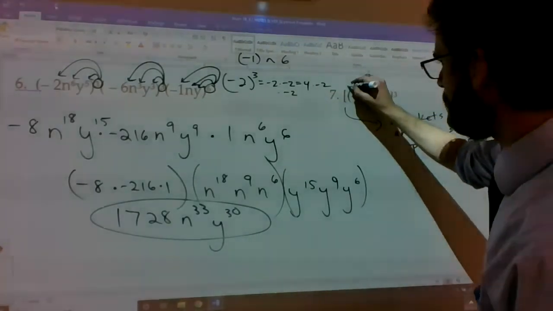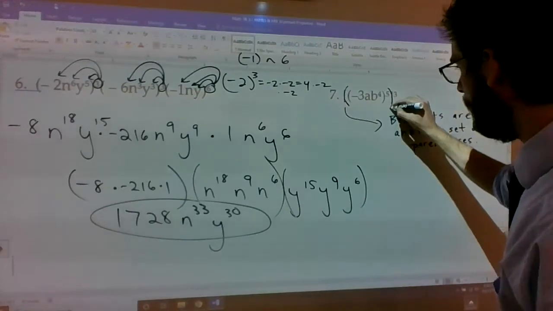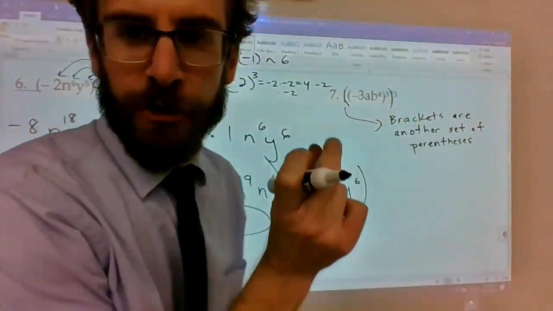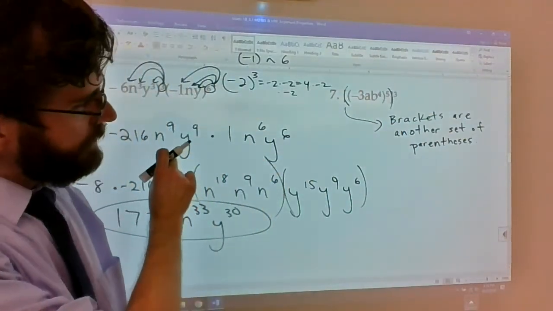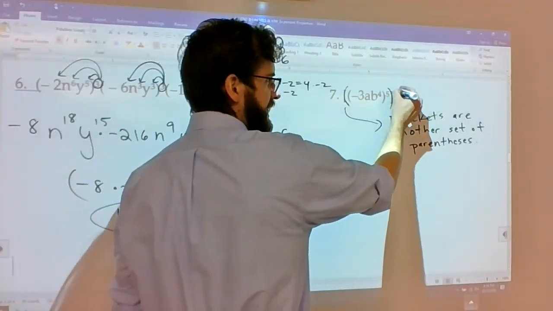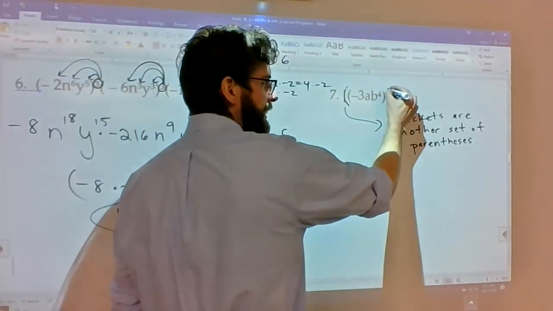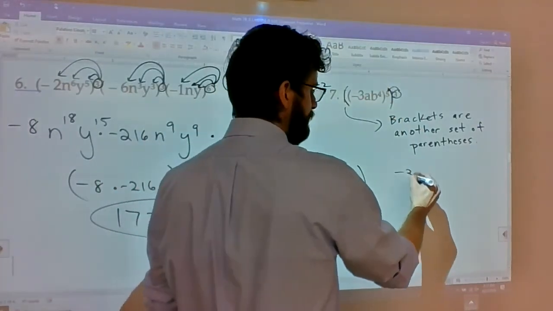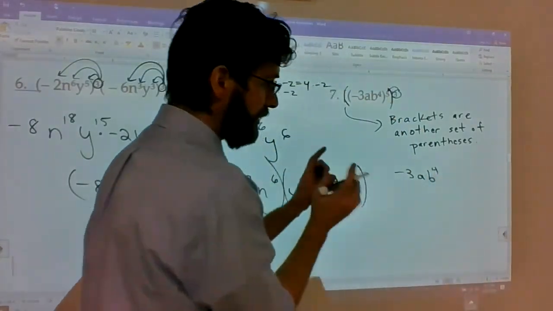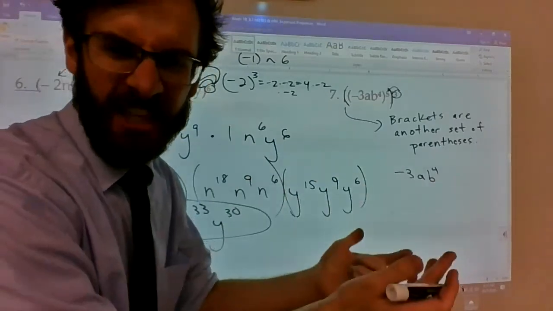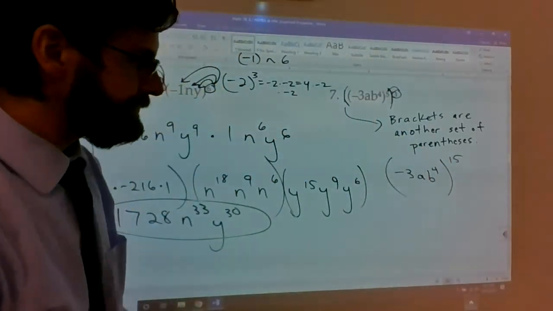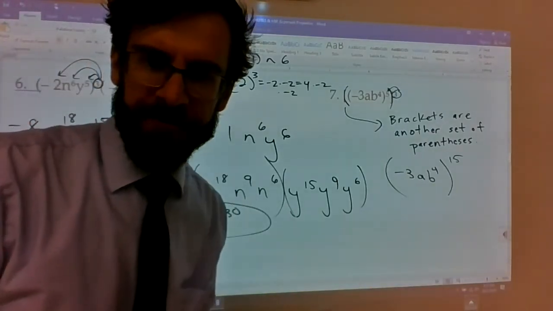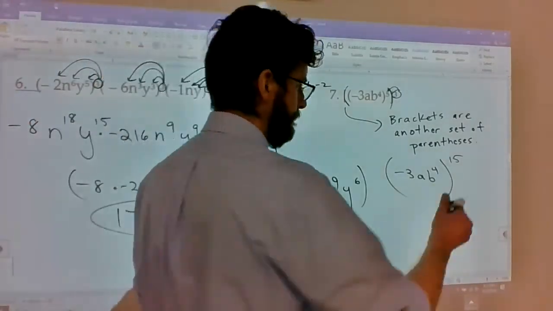So if we just think of these as more parentheses, you are just multiplying the outermost n. So this is the same as 3 times 5. It's going to be negative 3a, b to the 4th to the 15th power. Then you multiply 15 through just like you did before.